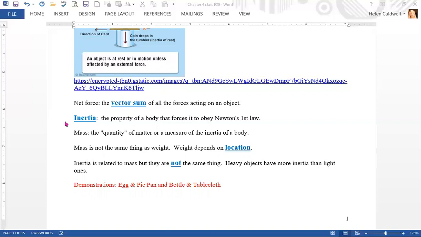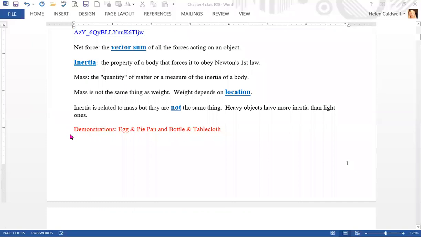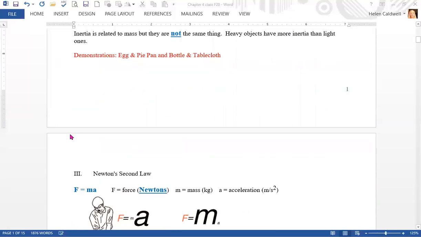Weight depends on the location. And inertia is related to the mass, but it is not the same thing as the mass. And here you can see in bright red, the egg and pie pan and the bottle and the tablecloth, and we will do those either in lab or in the one day a week we have lecture. So look for those to come.